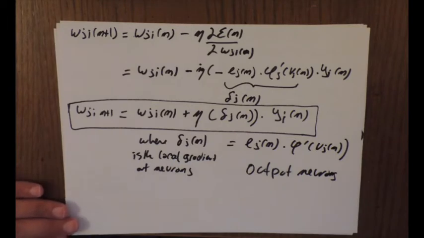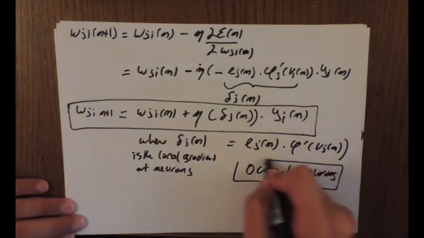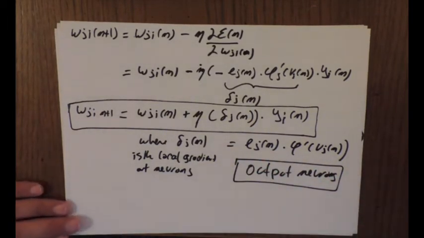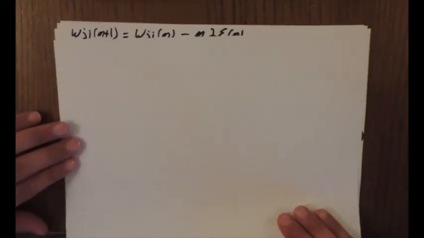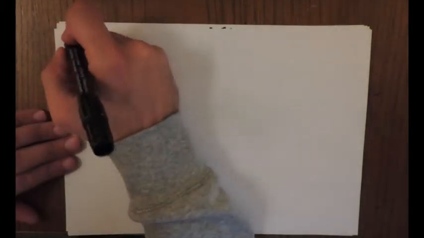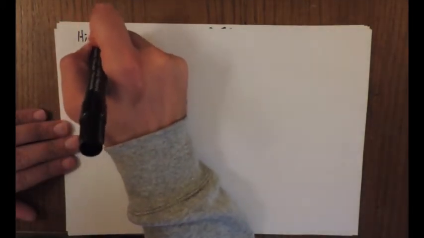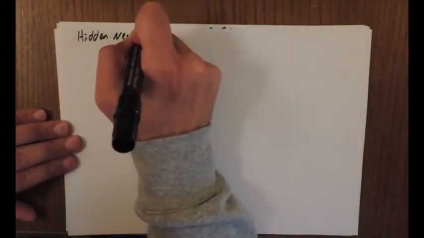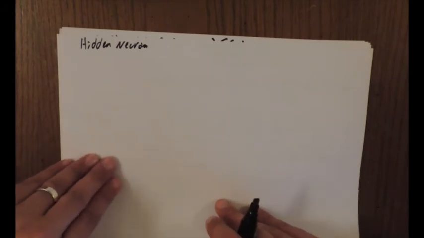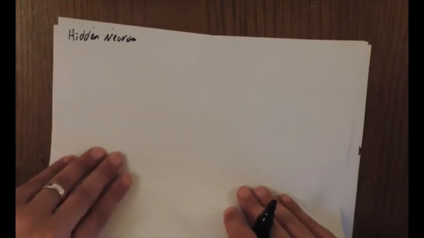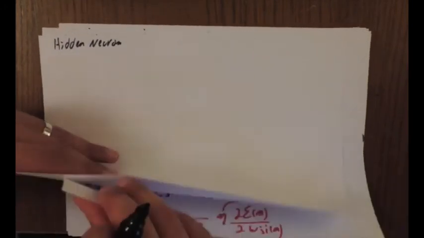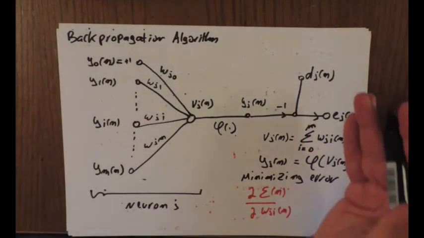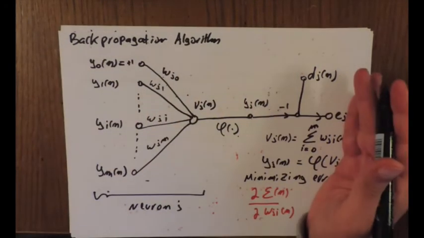Now the second case is when we have a hidden neuron. What shall we do? Remember we started from the output. If I go over the last two pages, first I calculated the output.